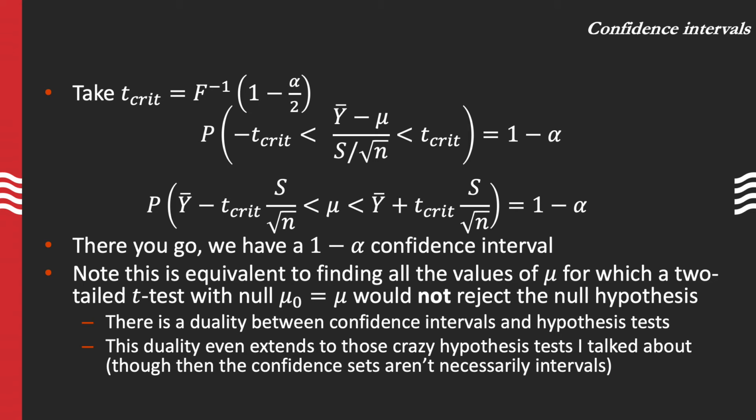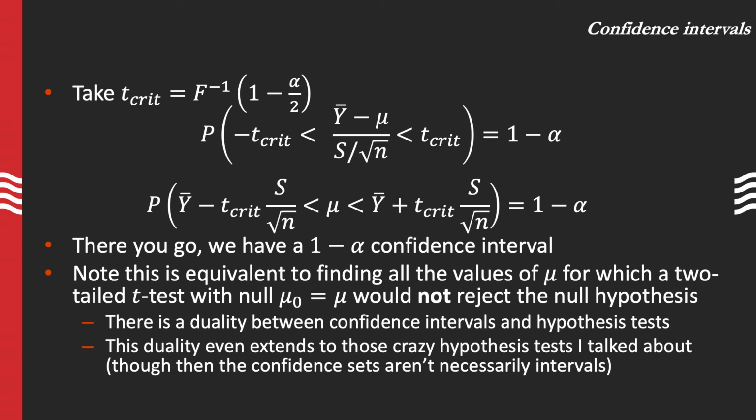If I ran a hypothesis test using the lower end of my 95% confidence interval as the true mean, so my null hypothesis is that the true mean is equal to y bar minus t crit times s over root n, that hypothesis test would just barely pass at the alpha level.